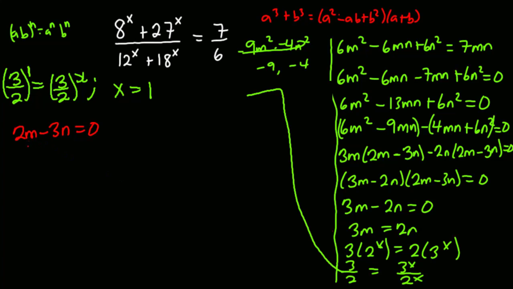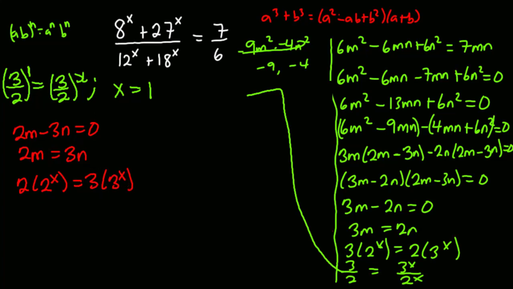And so this gives us 2m is equal to 3n. But remember, m is equal to 2 exponent x. So this is 2 multiplied by 2 exponent x is equal to 3 multiplied by 3 exponent x.